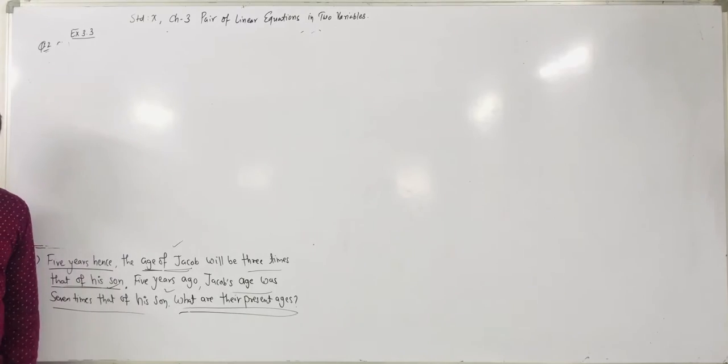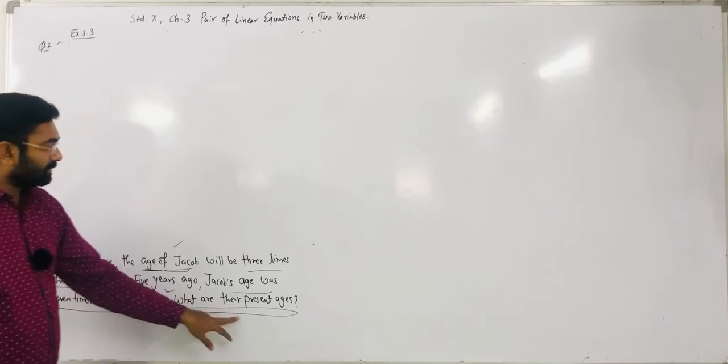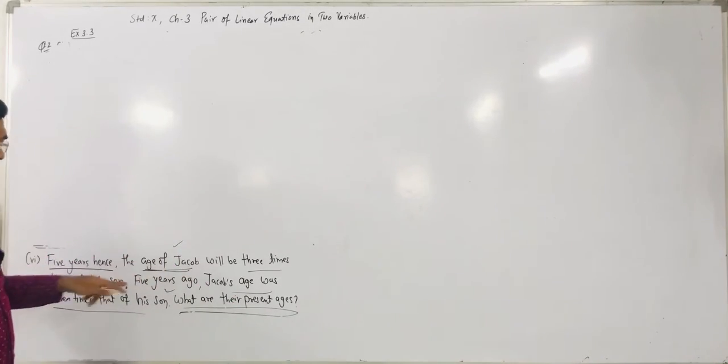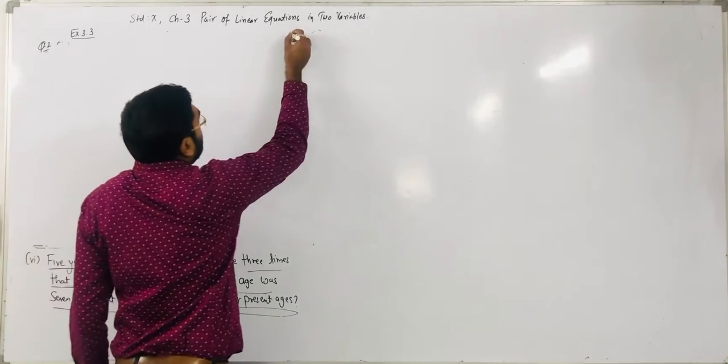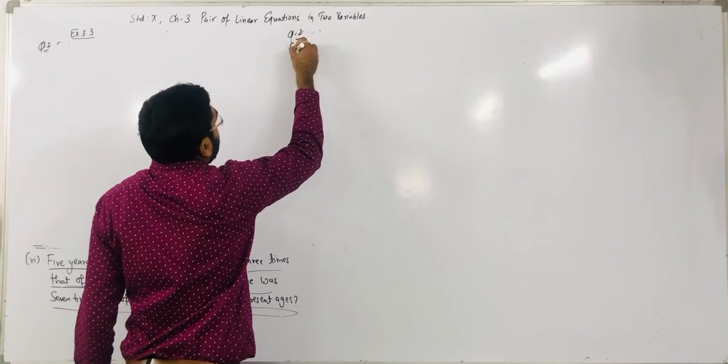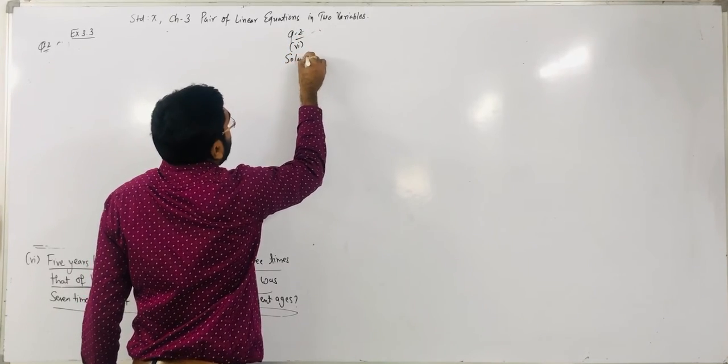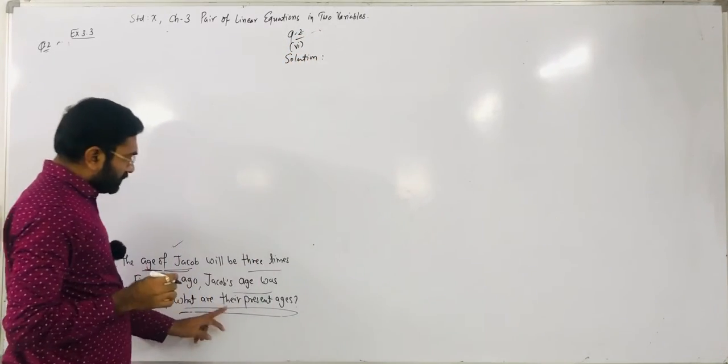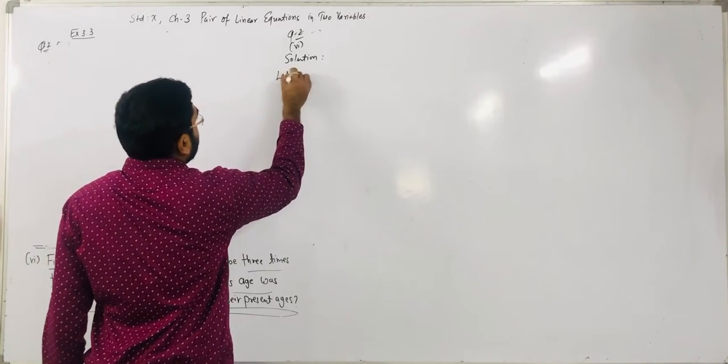So both persons' present ages we have to find out. So what is our question? According to it, you have to assume a variable. Here, what are their present ages? So Jacob's present age as well as his son's present age we have to find out. So this is the solution for question number 6.